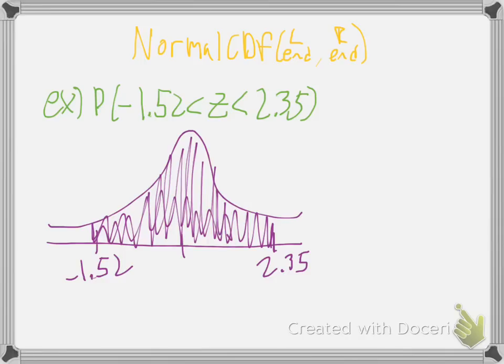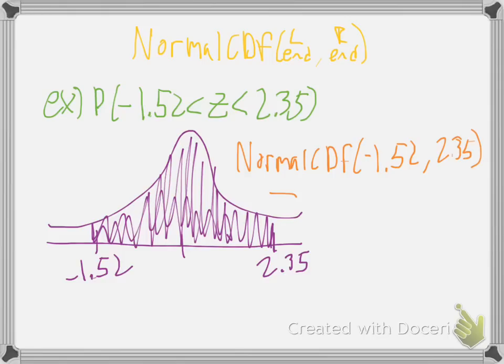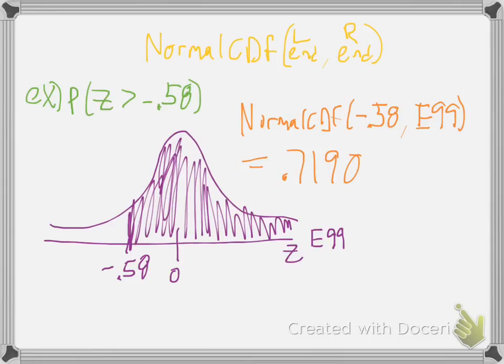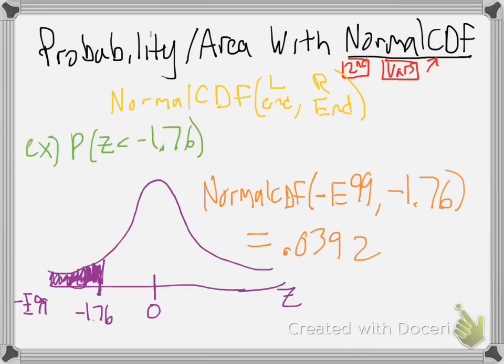We pick normal CDF of negative 1.52 comma 2.35. Press enter, and if we round that to 4 decimals, we get 0.9264.